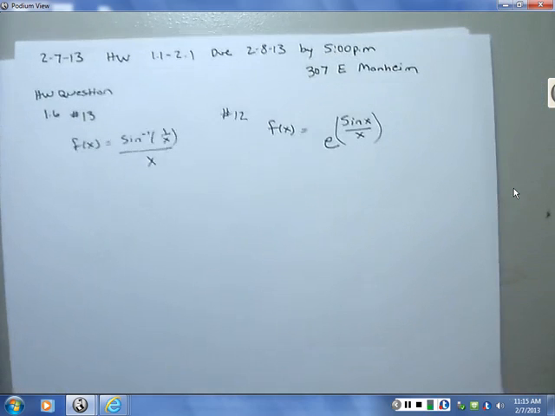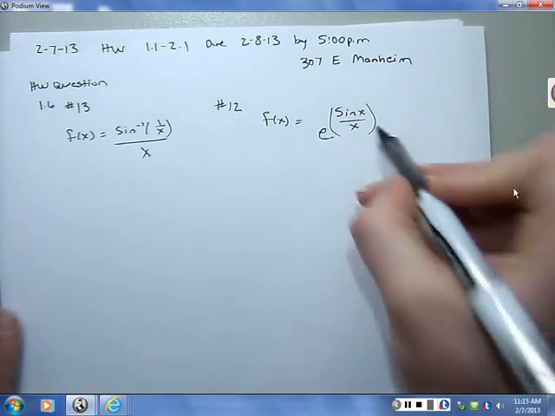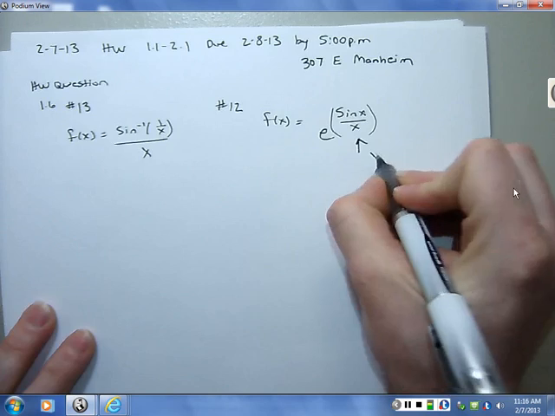It's continuous when the function exists, or when you can plug in values of x. For what values of x is this continuous? Do I have any problems in what I plug in to e to a power? Kind of starting on the outside. Can I plug in any number to sine of x over x? I can't. What can I not plug in? 0. So here x cannot equal 0.